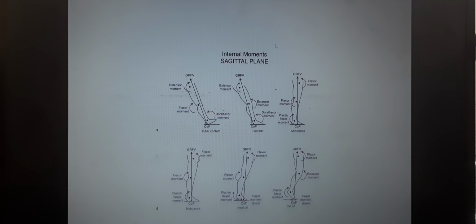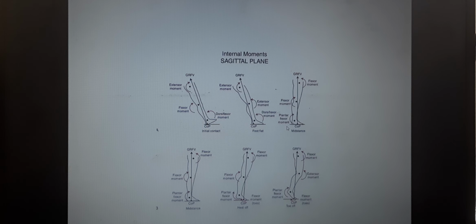Here you have to observe the ground reaction force vector and also the COP, center of pressure. It changes from initial contact to toe off. During initial contact, the ground reaction force vector lies anterior to the knee joint line. In flat foot, it will be posterior to the knee joint and anterior to the hip joint.